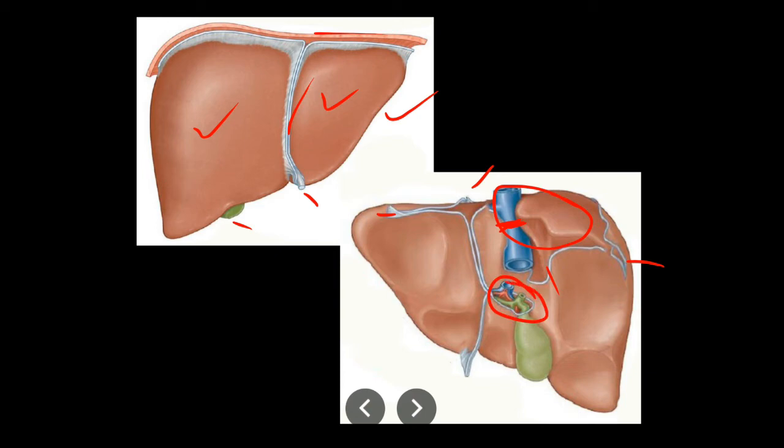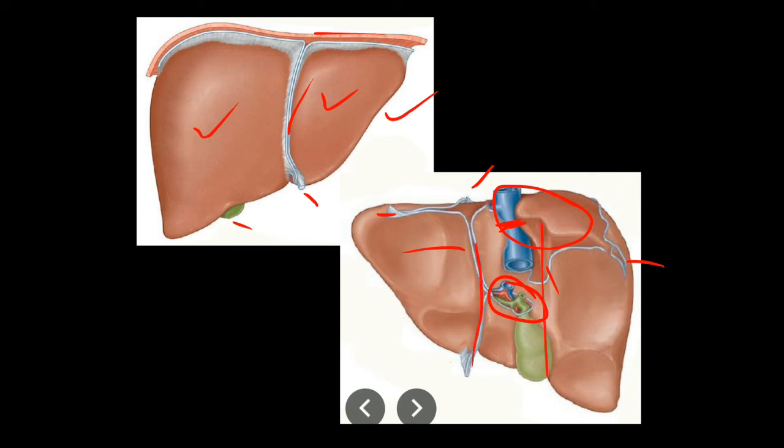Here we have the porta. In the porta we have the hepatic portal vein, hepatic duct, and the hepatic artery respectively. Okay, so here we can see the H-shaped portion.